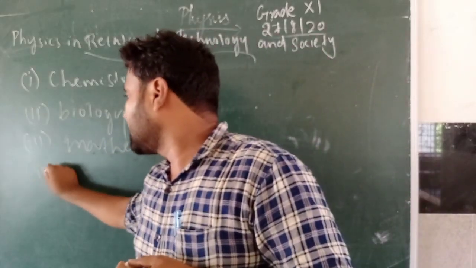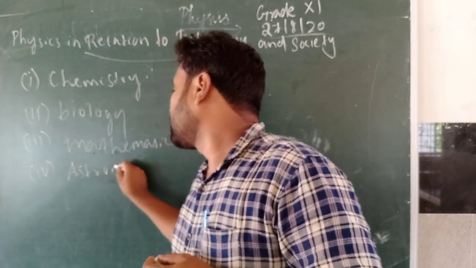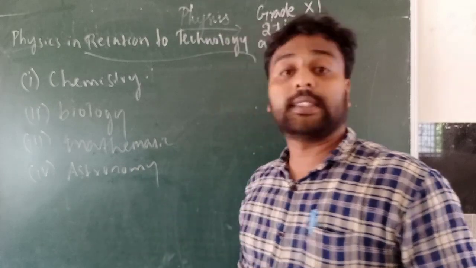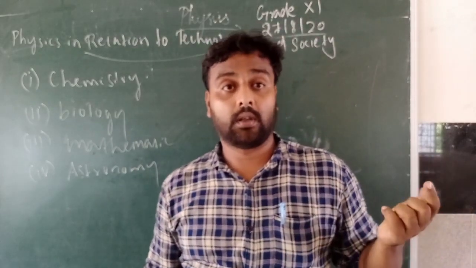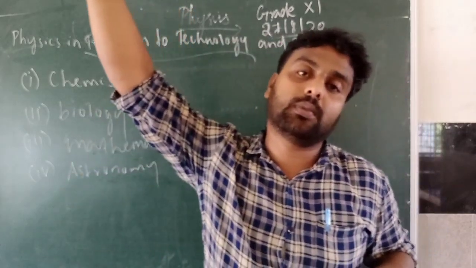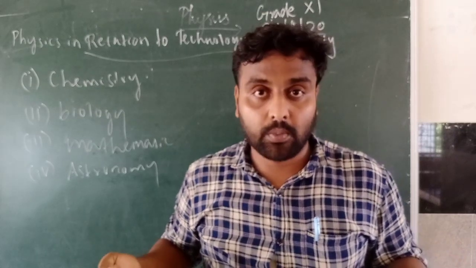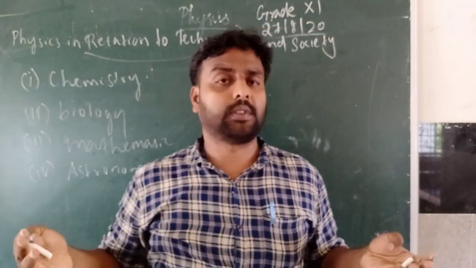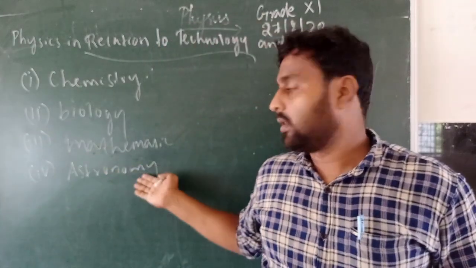Then the fourth one is astronomy. Physics in relation to astronomy. Before, we sat on the earth and observed the motion of stars using an astronomical telescope. It is one of the greatest inventions of physics.